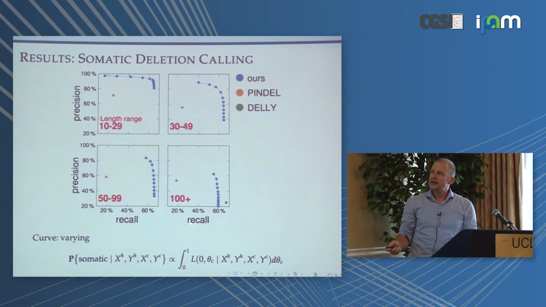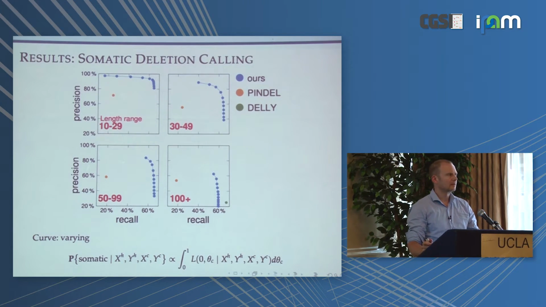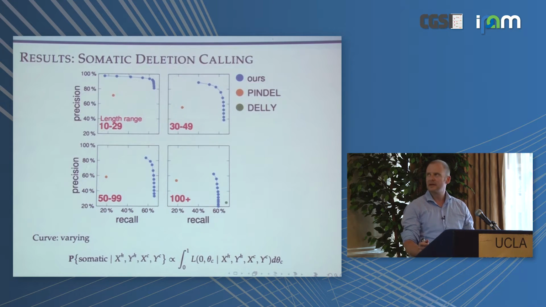We then have recall here, which is the number of somatic variants actually detected by us or by the other methods. And precision is the fraction of predictions of ours or the other methods that are correct.